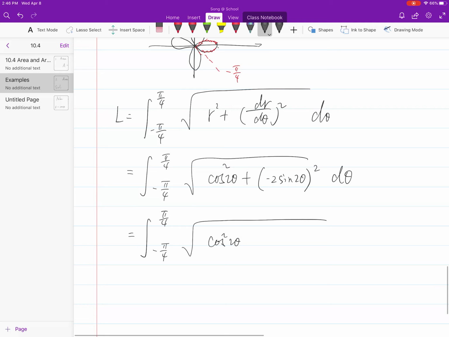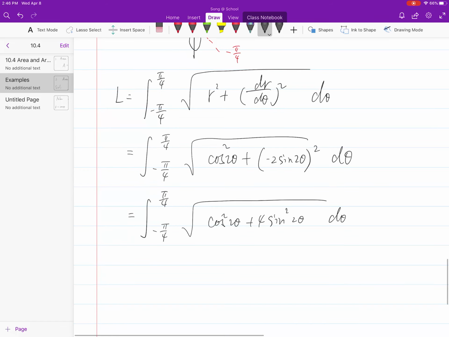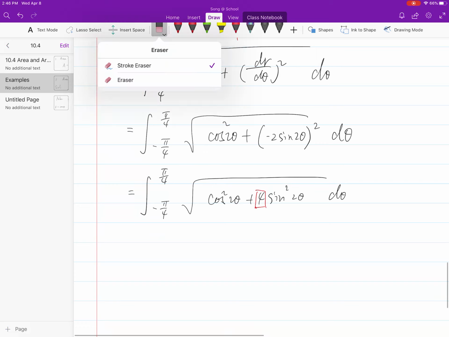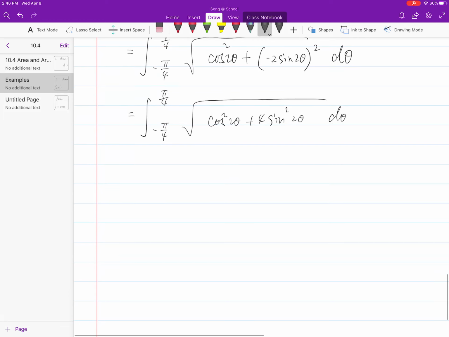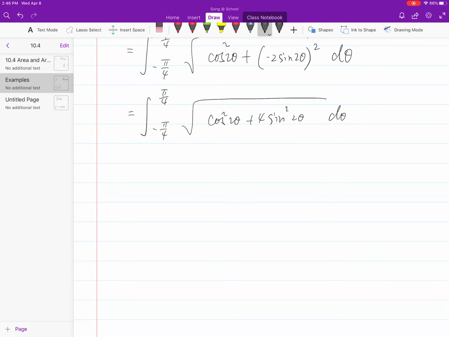Don't we just wish cosine squared and sine squared cancel each other? But we don't have it because this one has a 4. This is how we set it up. Problem is we do not know how to do the integral easily.